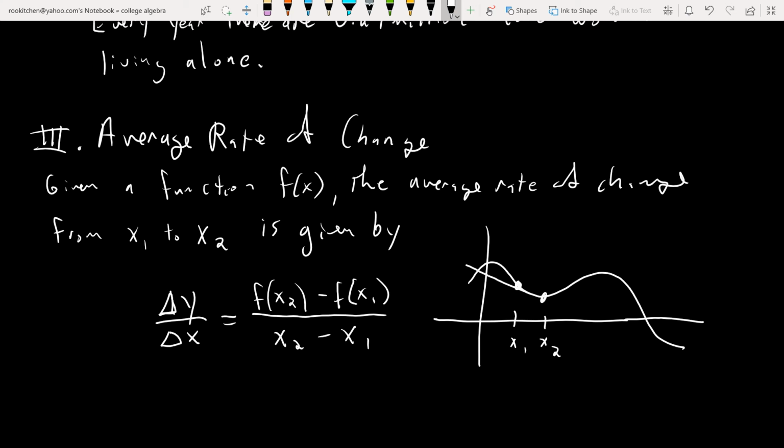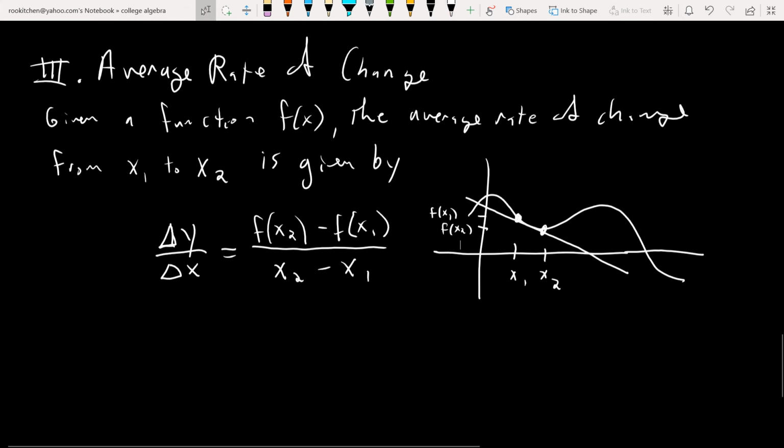So basically what you end up doing is finding the slope of that line right there that I just drew. Maybe this guy here is f of x1, and the lower guy is f of x2. So it's a way of assigning slope to a line that has a bunch of curves in it.